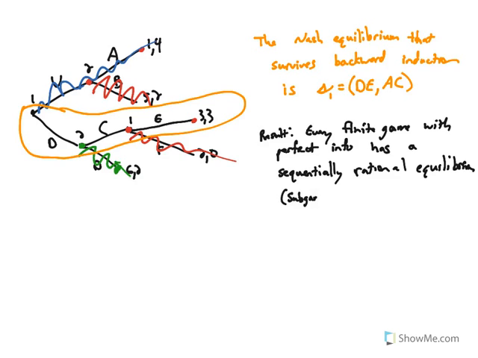A subgame perfect Nash equilibrium, which we're going to define on the next slide. Okay. All right. And so it could have multiple equilibria.